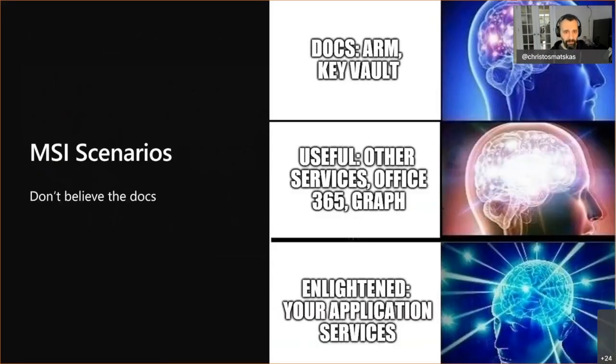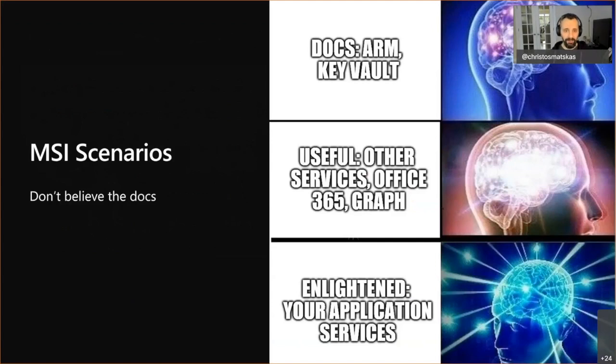Now, MSI or managed identity is not just used for what the docs are saying, right? Because the docs are like, oh, you can access services on Azure and that's all you need. But there are other things they can do. You can actually go and call into Graph and Office 365 and other services that are part of your tenants as a part of your organization. So it's a fantastic way to extend access to other resources securely.